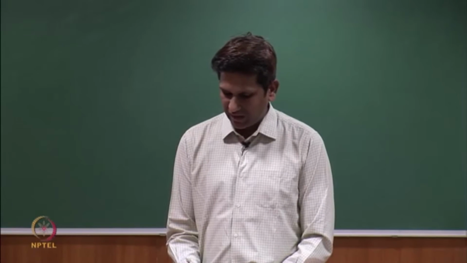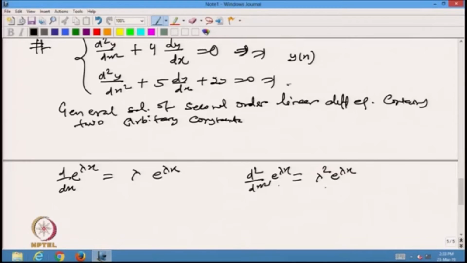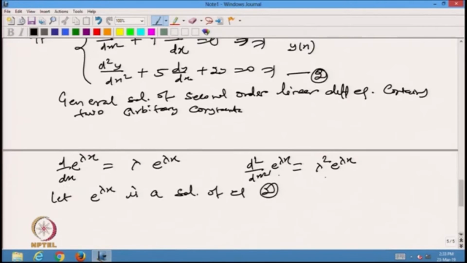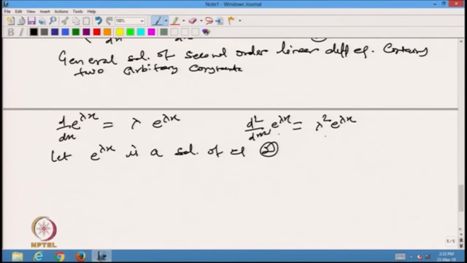Let us solve this equation, I call it the second one. Let e raised to power lambda x be a solution of equation number 2. If it is a solution, it should satisfy that equation. So this is my y(x).